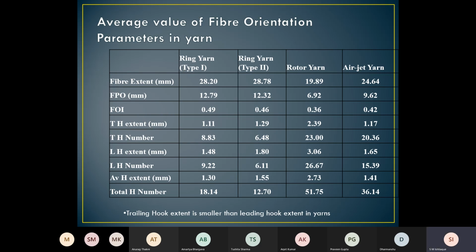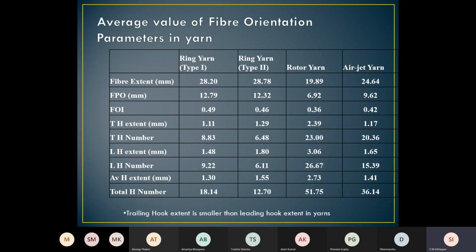So before twisting the yarn, the fibers become more compact, and if they become more compact, it gives me higher packing density. It is established that higher rotor speed will give you higher packing density, of course up to a certain limit. After that, packing density will not increase once you go to very high rotor speed.